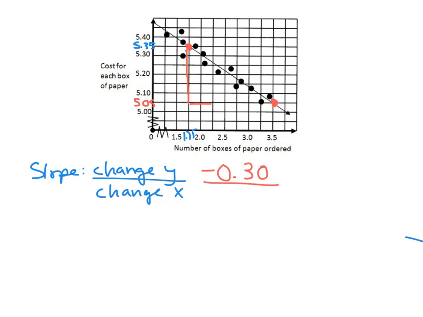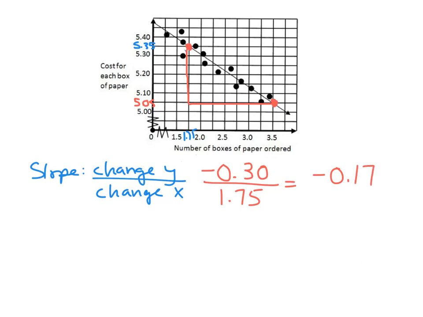And the x value went from 1.75 to 3.5, so it changed by a positive 1.75. All right, now you can grab your calculator and do that division. On my calculator, I'm going to do negative 0.3 divided by 1.75. And that tells me it's negative 0.17.